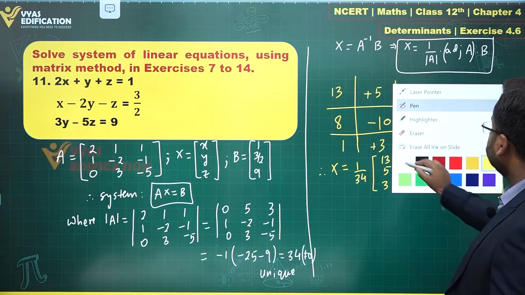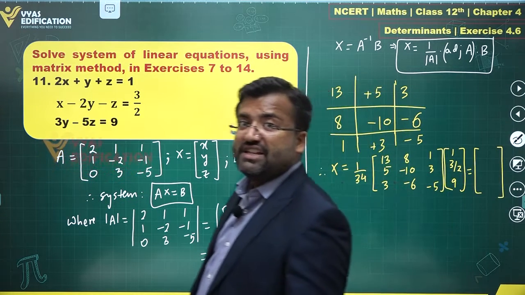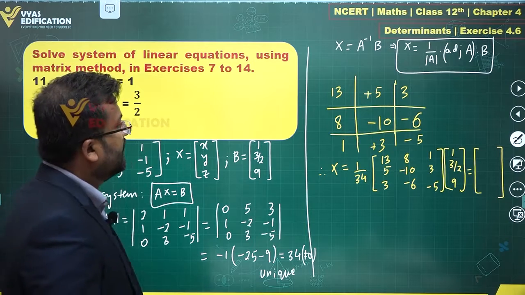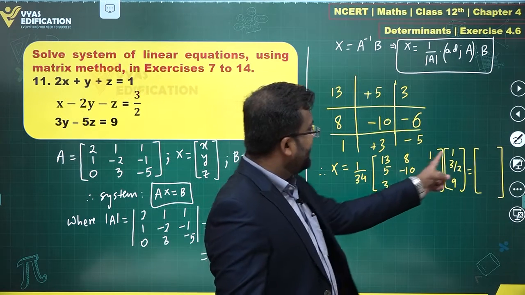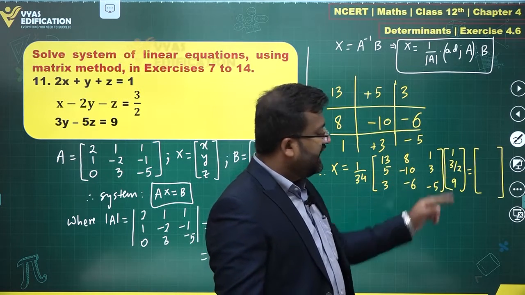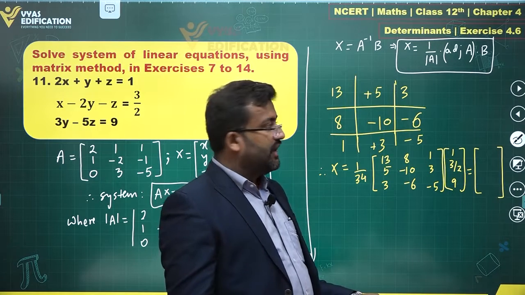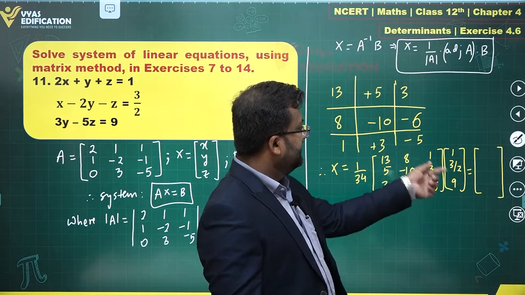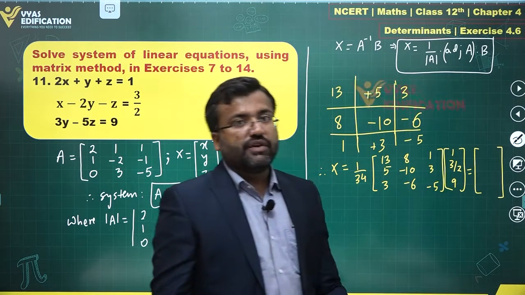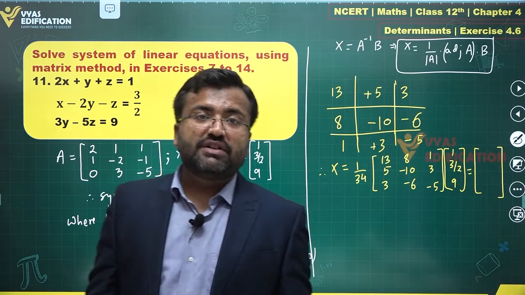And what's that? Let's multiply these together one by one. 13 times 1 is 13. 8 times 3 by 2 is 12 and 9. 13 plus 12 plus 9 is what we are interested in. 13 plus 12 is 25 plus 9 is 34.